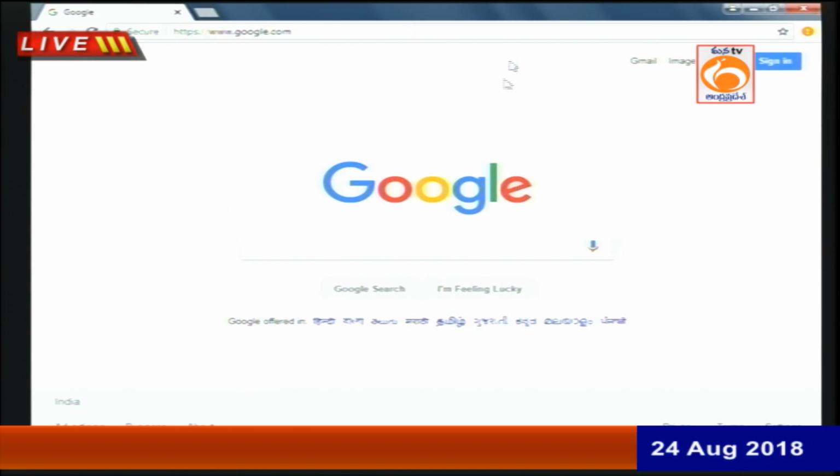This is an application, a web browser, through which we can access the internet. The internet is one of the important aspects of IT, or we can call it a revolution in IT. We can access any website that is useful and that gives us information.